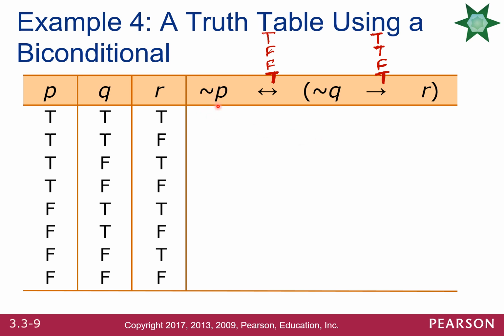So we have the not P first, followed by the biconditional, and then within brackets we have not Q, and then the conditional followed by R. Now we are told that we should work on whatever is within the brackets first, which is how it should be. But for this example, they are going to work on not P first. So this is really step 4 if we follow the order of operation, so to speak, but this will come up first. All right, that's how this slide was created.